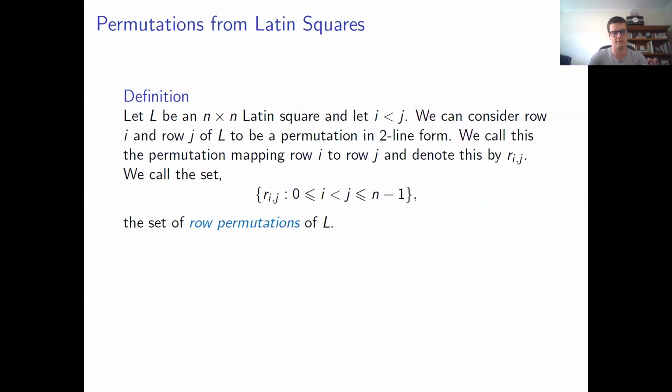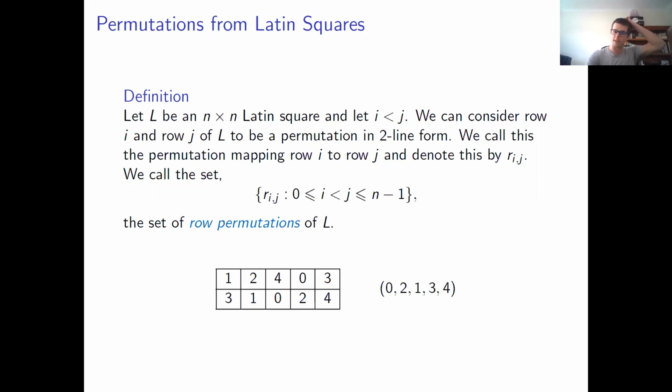Let L be an n by n Latin square and let i be less than j, then we can consider row i and row j of L to be a permutation in 2-line form, which we call the permutation mapping row i to row j, which we denote by Rij. And we call the set of all such permutations the set of row permutations. We can also define column permutations similarly, and taking the matrix transpose of a Latin square interchanges the row permutations and the column permutations.